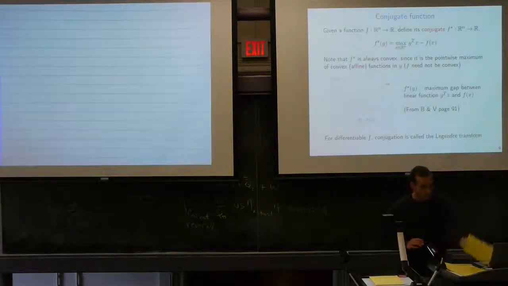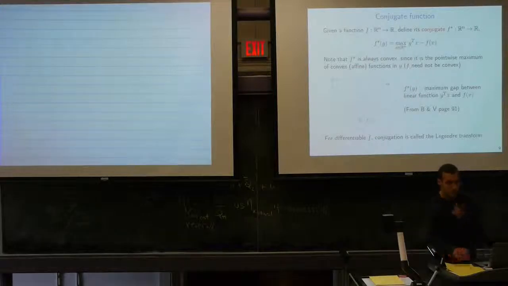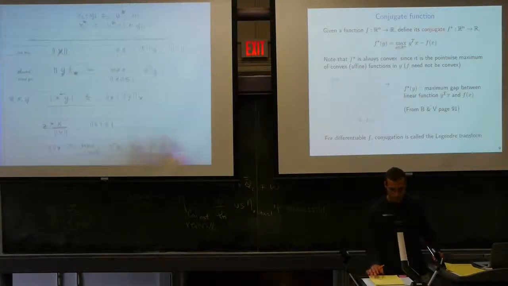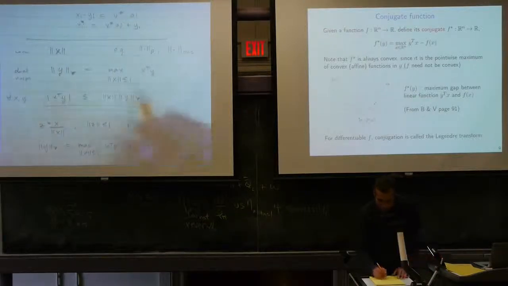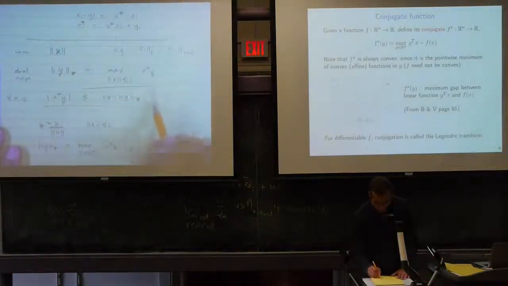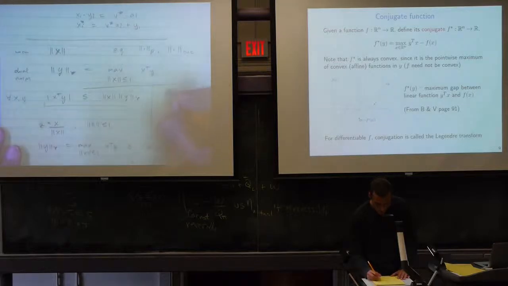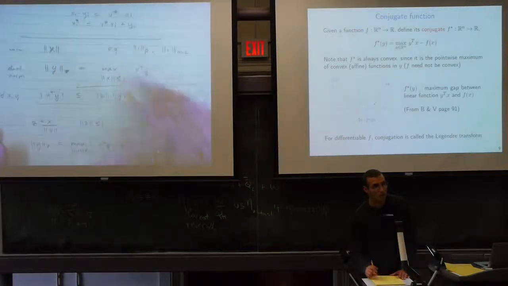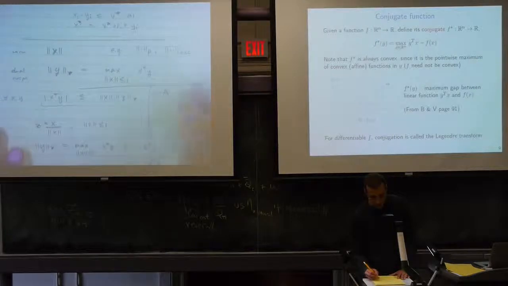Okay, on to conjugate functions. Yes? The definition of the dual norm, how can you use that for matrices? So for matrices, if I have a matrix A, I think about stringing it out into a vector, and then I apply all of my rules for vectors to that matrix. So I can string it out, take the product, and sum everything up.